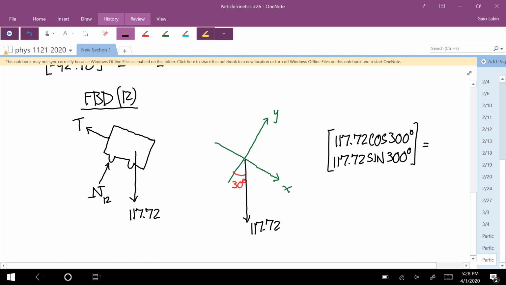Let me calculate those. So we get positive 58.86 and negative 101.95.